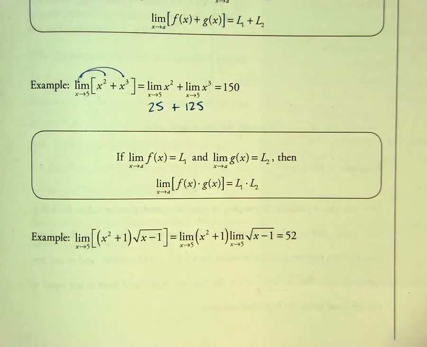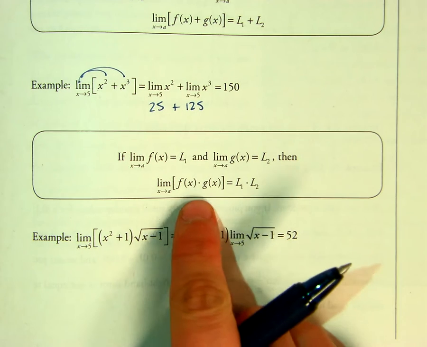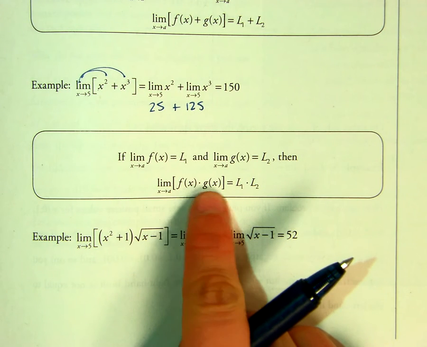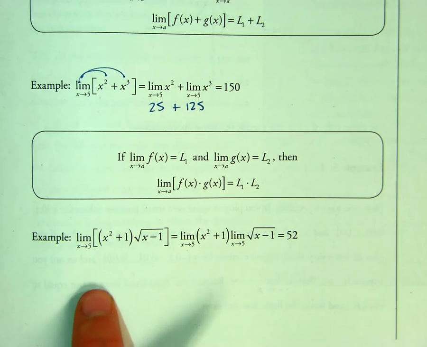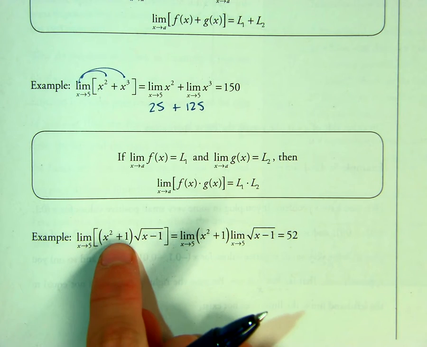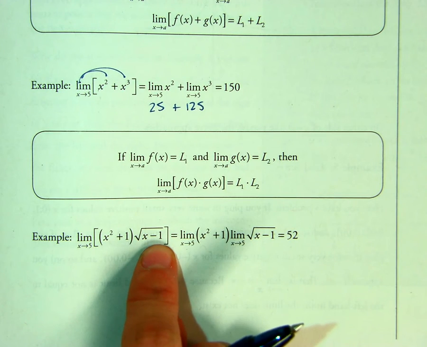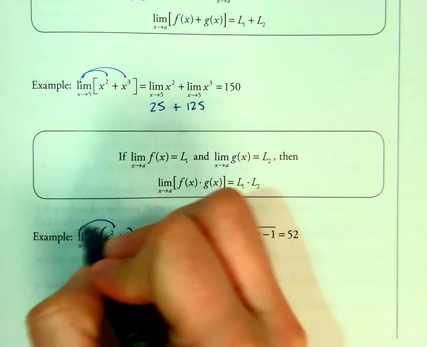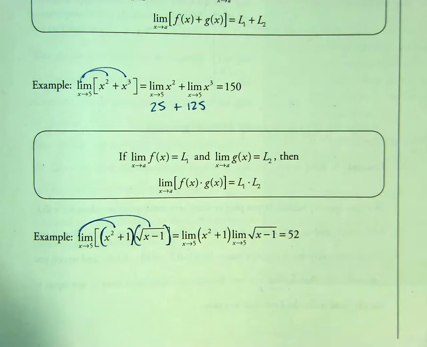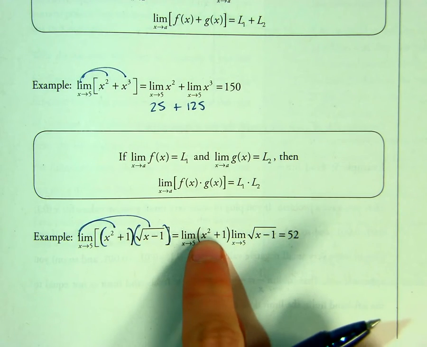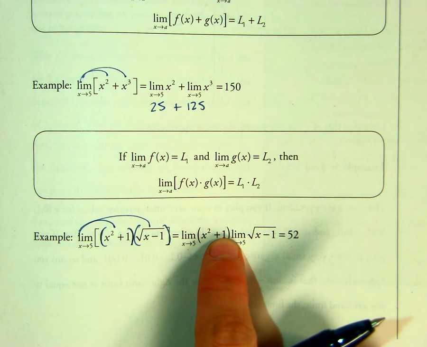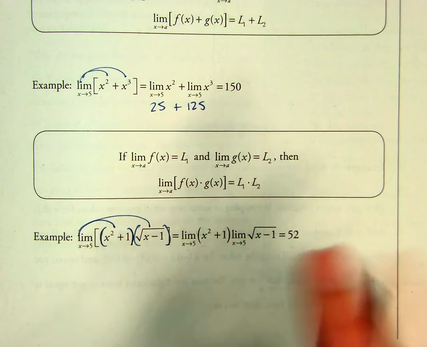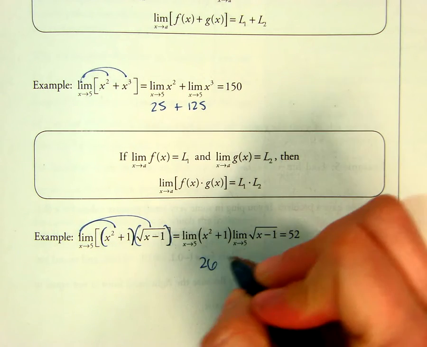Just like we can do that with addition, we can do that with multiplication. Our example here is we've got 2 functions. We can distribute the limit to the first one right here and to the second one. So the limit as x approaches 5 of x squared plus 1 is 25 plus 1, so this part's 26.